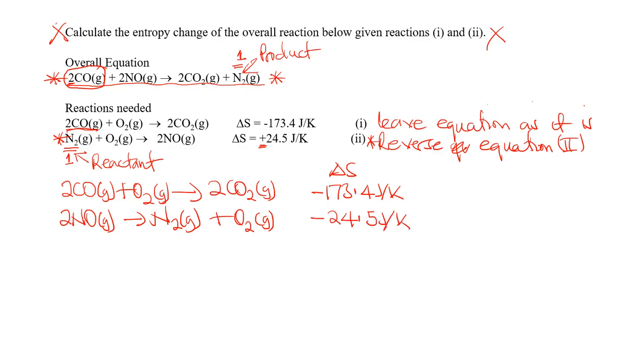When you reverse the equation, you also reverse the sign of the equation. Now, when you add the 2 equations, they should give you the parent equation. How do we know that?